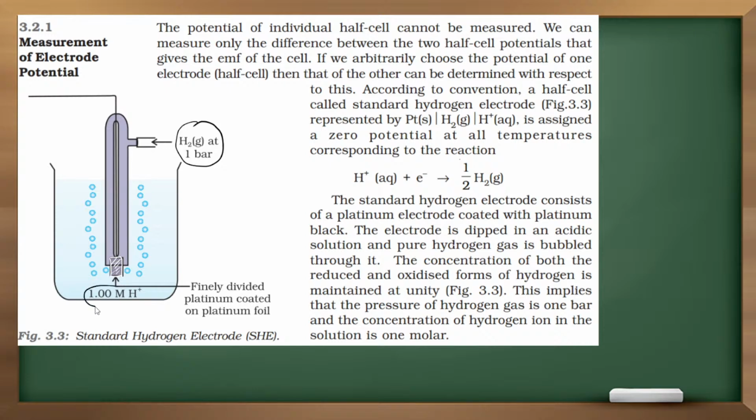Concentration of H plus ion in the solution is 1 molar, and finely divided platinum is coated on platinum foil that is used as an electrode.